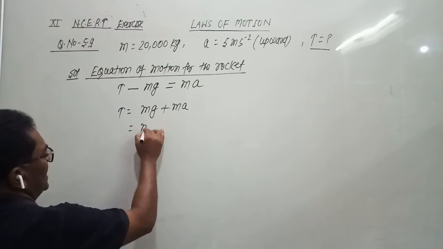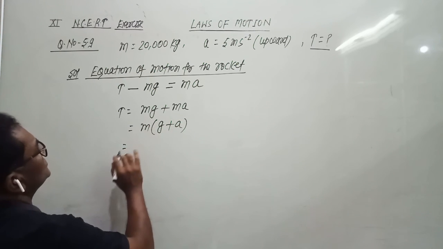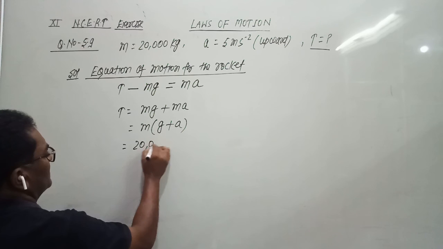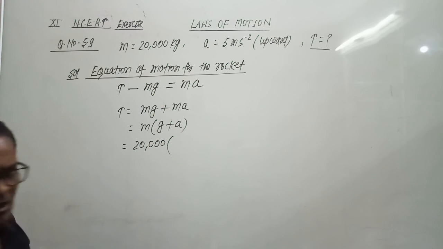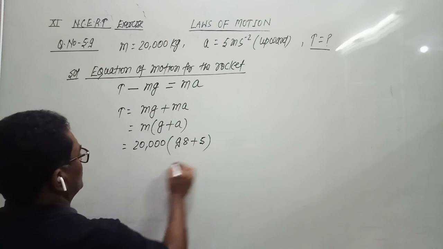From both the terms, m is taken common, so m times g plus a. The mass is given as 20,000, and the value of g we take as 9.8, and acceleration is 5 meters per second square.